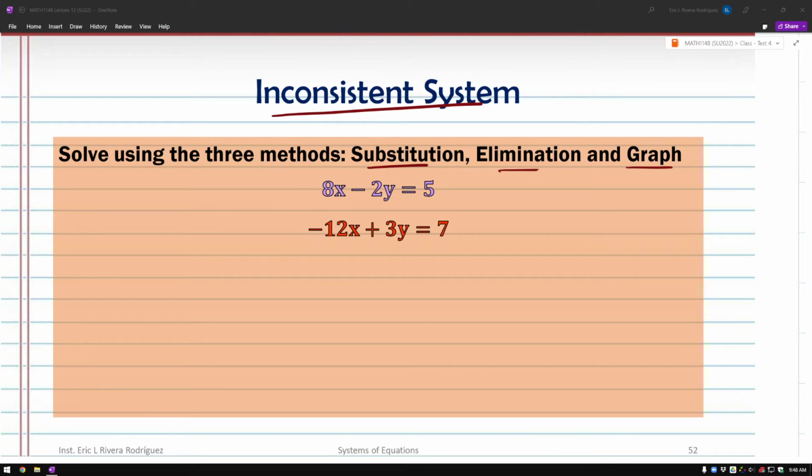Never mind, I don't need to go there. The name of each group is going to be the method I want you to use: Substitution. Elimination. And graph. So you will know the method that you are going to use because of the name of the group.